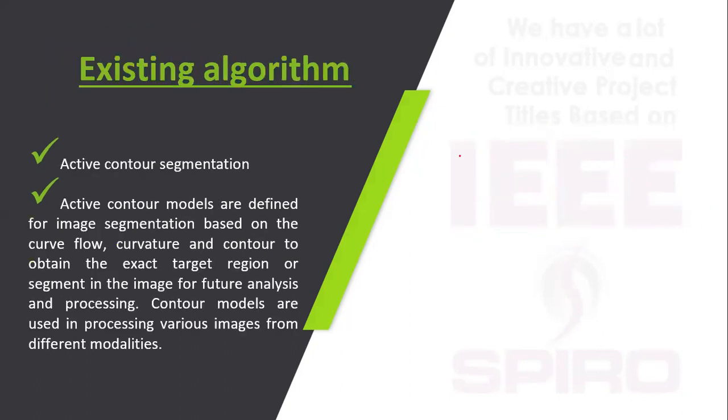In the existing system, they are using active contour segmentation. Active contour segmentation is a type of segmentation algorithm used to segment a particular part from the total image.